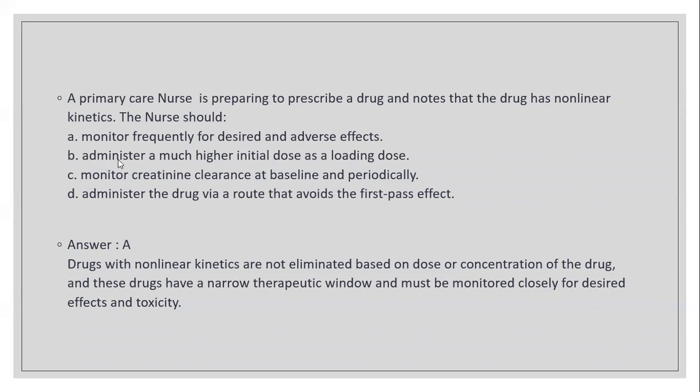Number B, administer a much higher initial dose as a loading dose. Number C, monitor creatinine clearance at baseline and periodically. Number D, administer the drug by a route that avoids the first-pass effect. The correct answer is A.